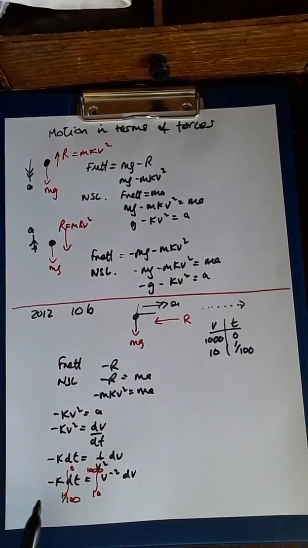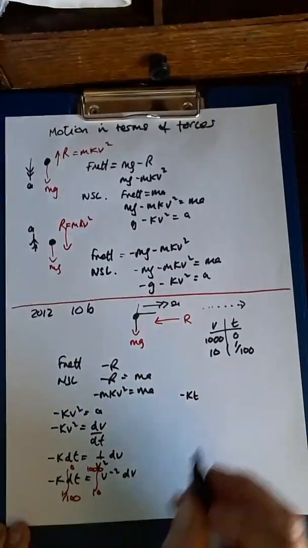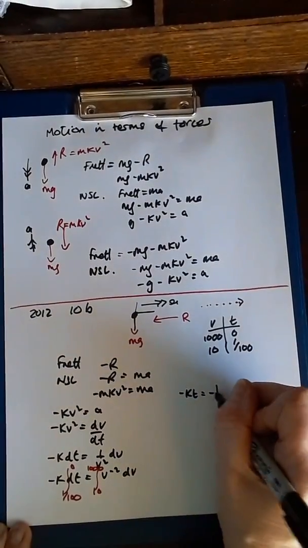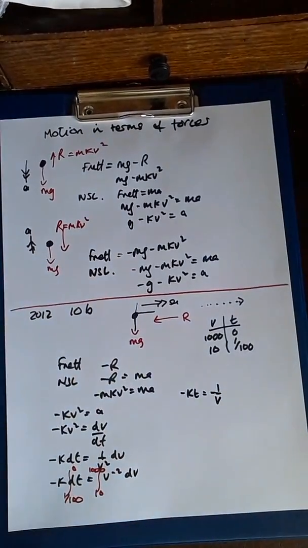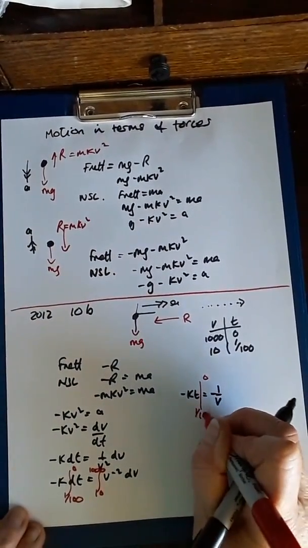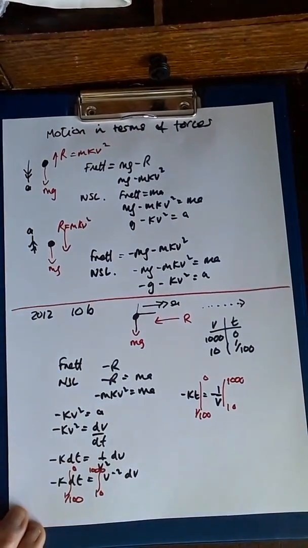Okay, so let's integrate this side here. This becomes minus kt is equal to, when I integrate the right hand side here, minus 1 over v. My limits, remember, as I said, are going from 0 to 1 over 100 for t, and from 1000 to 10 for v.